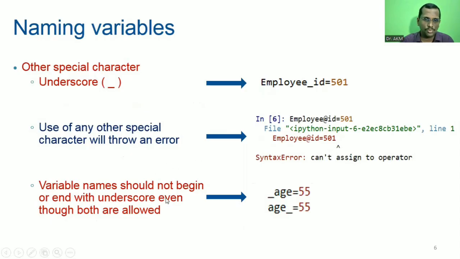A variable name should not begin or end with an underscore symbol. Starting and ending with an underscore is not recommended, even though it is allowed, so start the variable name with alphabets.